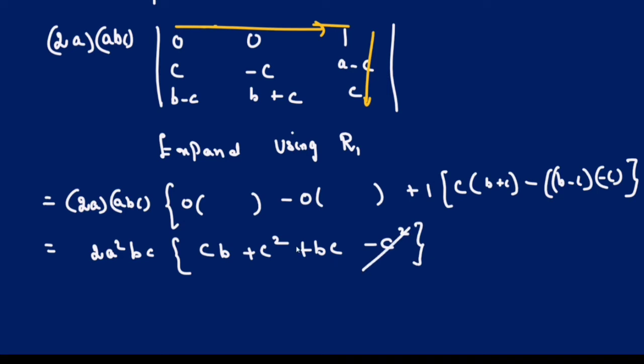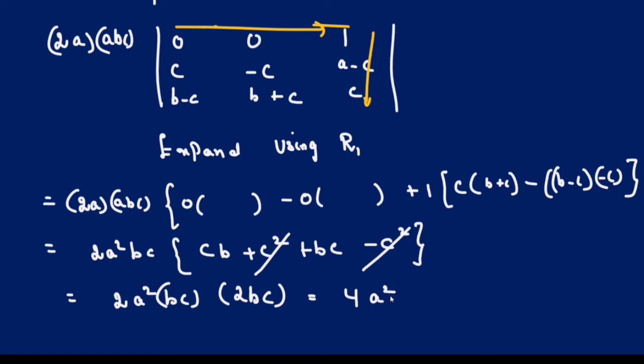So these two will get cancelled. So you have now 2A square BC and 2BC here. Isn't it? BC plus BC is 2BC. So what is the final answer? 4A square B square C square. So we have proved this is equal to the right hand side.